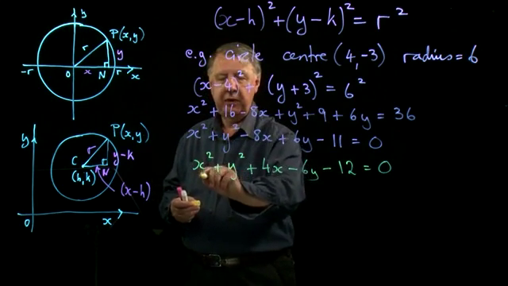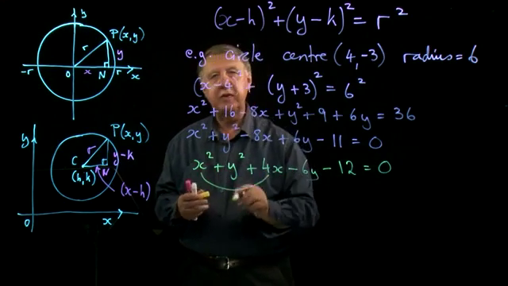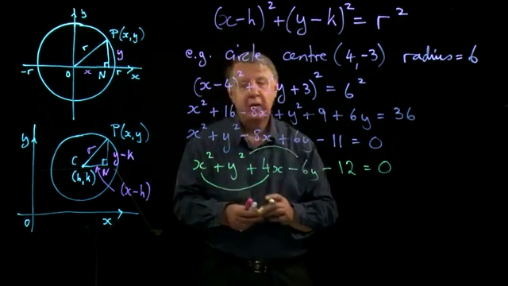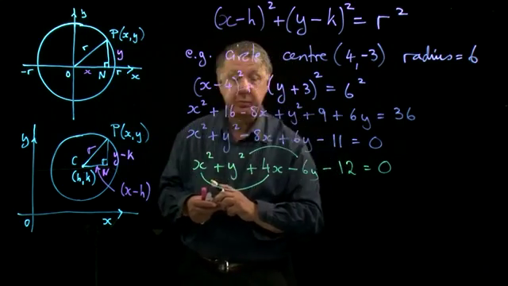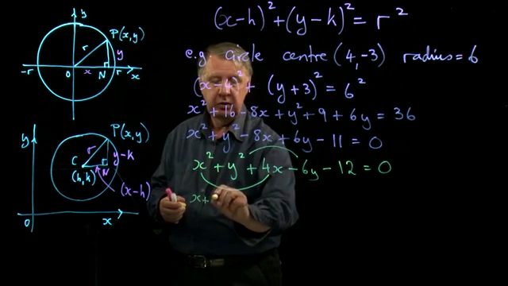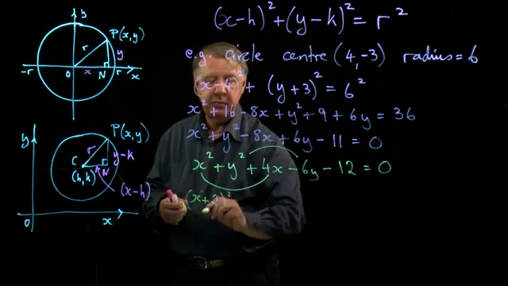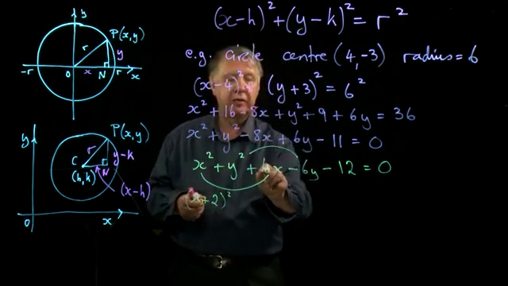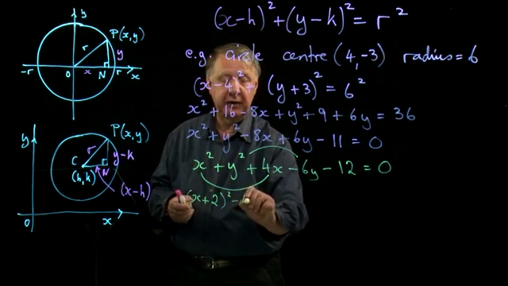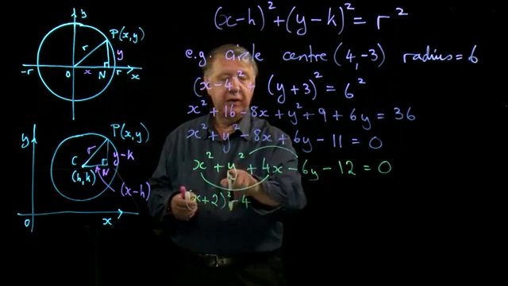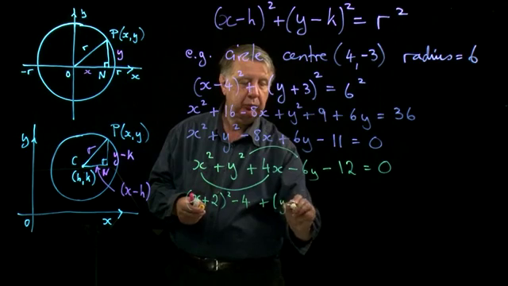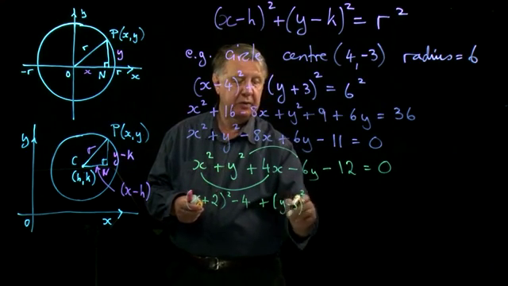Now, the crucial thing is to visualize the x part and the y part separately. And we do a sort of completing the square on this. So x squared plus 4x is x plus 2 all squared. Remember the completing the square technique? You halve this number and then you square it and take it away again. So that gives us 4. And then the y part, halve that number, -3, square it and take it away again.